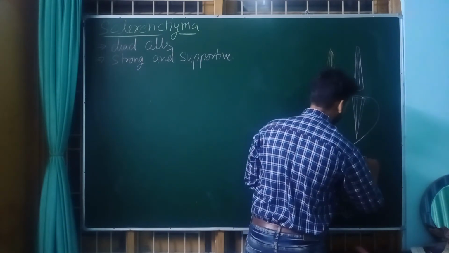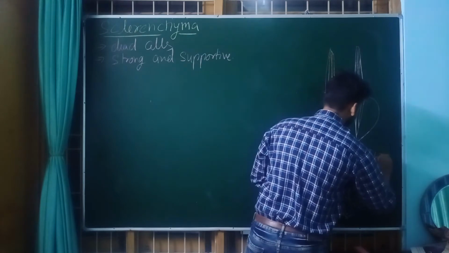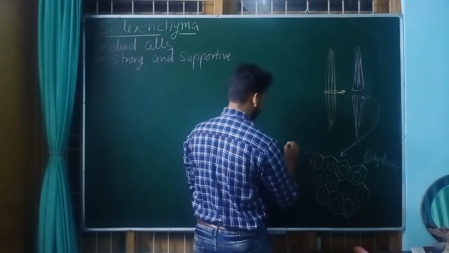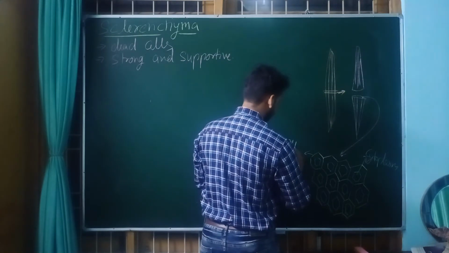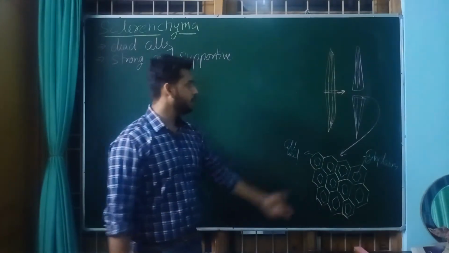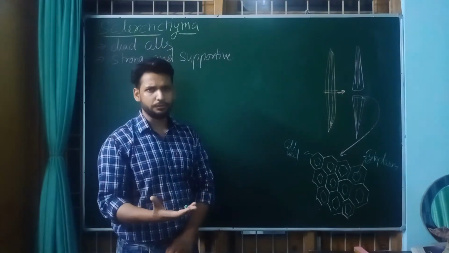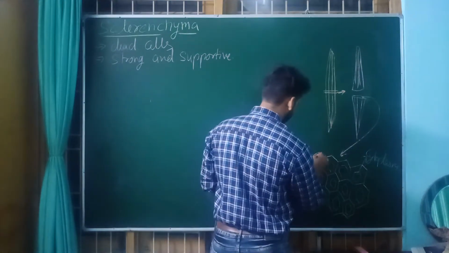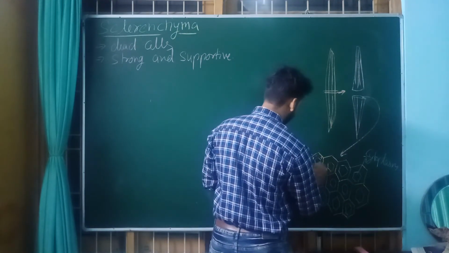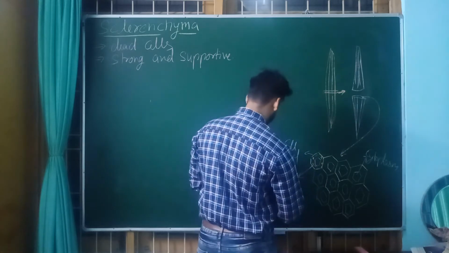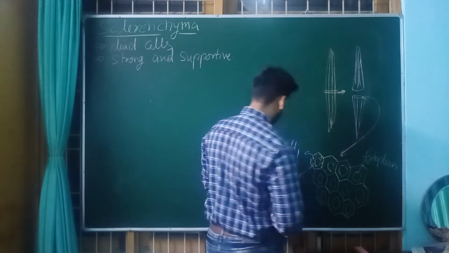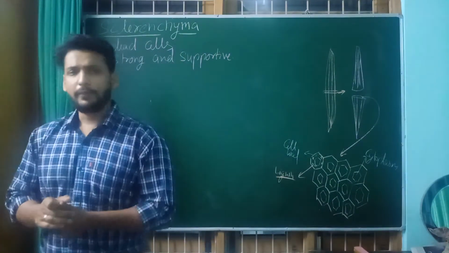Here this is cytoplasm, and this is cell wall. So you can see the area is reduced, right? And this space is filled with lignin. It has pith also. Got it?